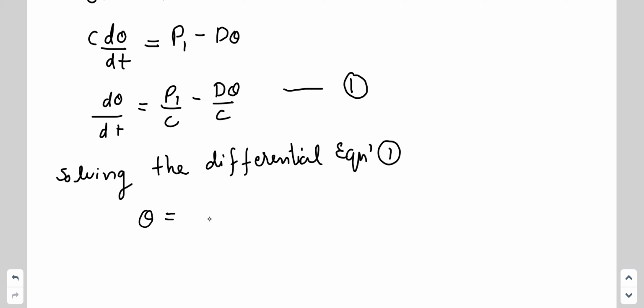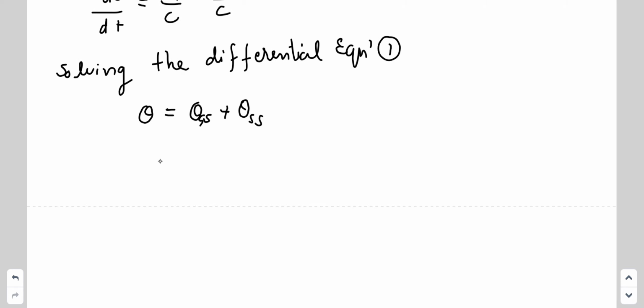The theta will be solved for general solution, theta gs, plus theta ss. So first we will solve the general solution. We will derive the theta gs, general solution of the equation.